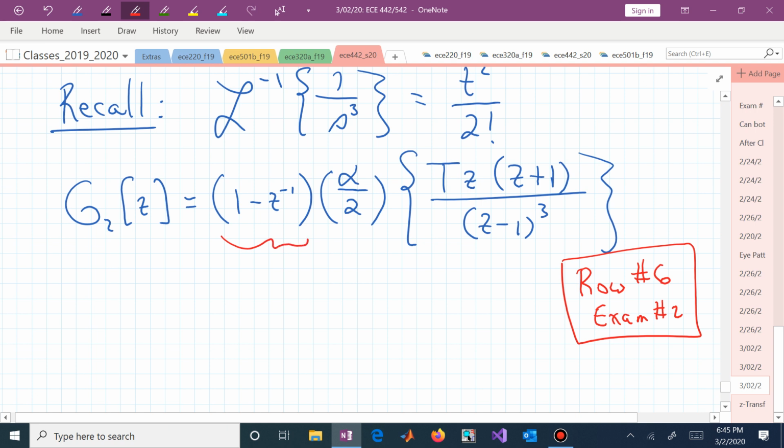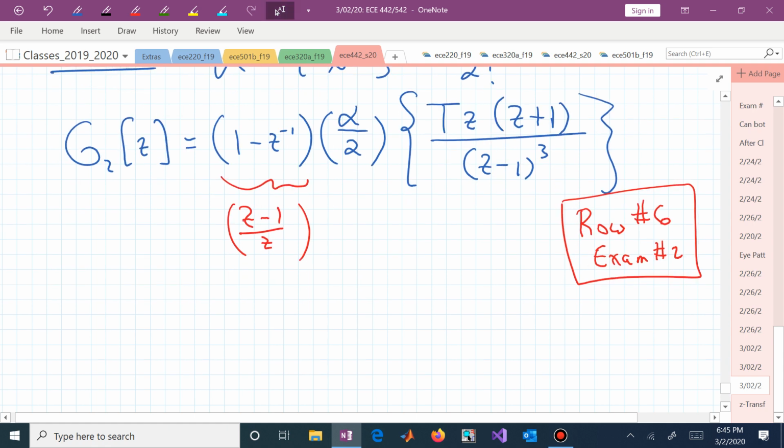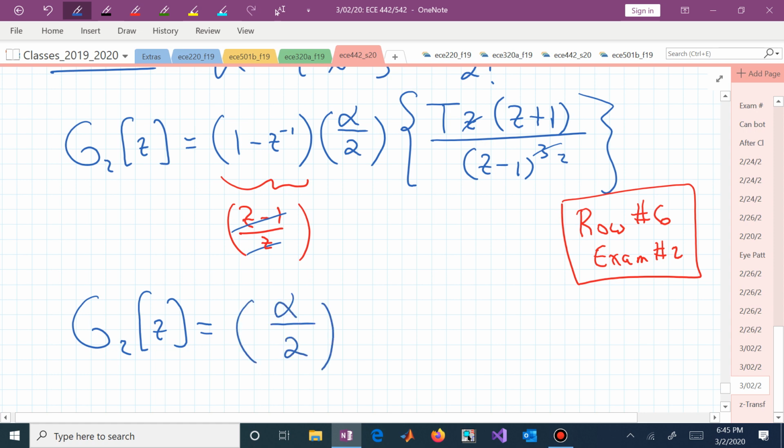This now is z minus 1 over z. Do you see we have a little magic going on, or a little cleaning up to do? We can now say that G sub 2 of z, this z cancels that z, this z minus 1 cancels one of those, and we're left with alpha over 2. My memory was failing me.